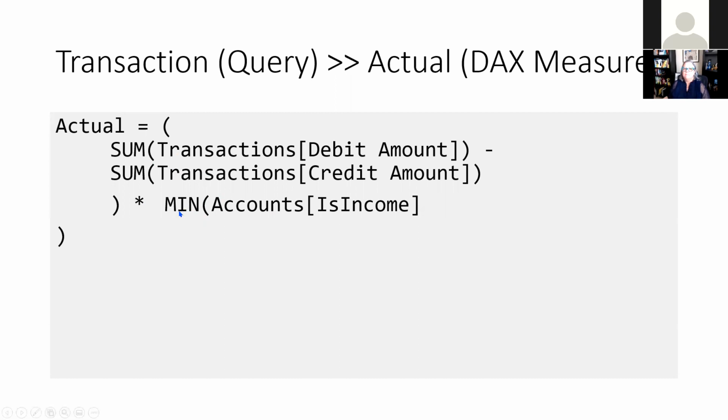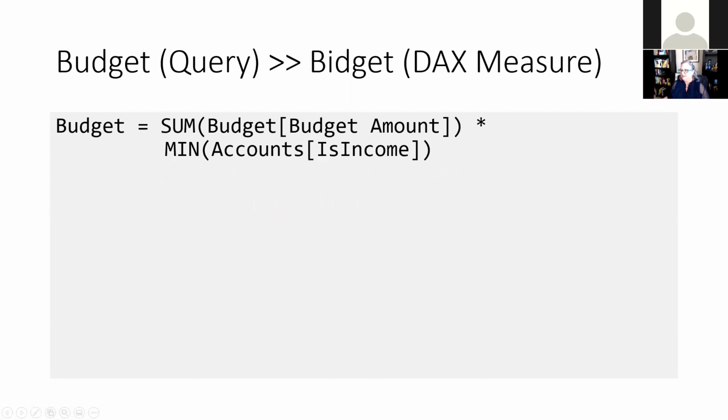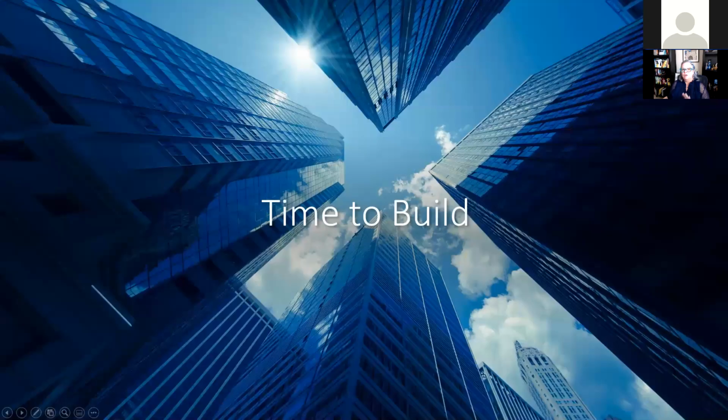And because it's a measure, I had to use an aggregation, and because it's always being used by account number, I was able to use min, and then that way it would automatically account for me. So that's something I'm only going to use by account number and not necessarily in totals. Okay. And then budget, I did the same thing, multiplying that. Okay, so those are some of the things that I did to the system.